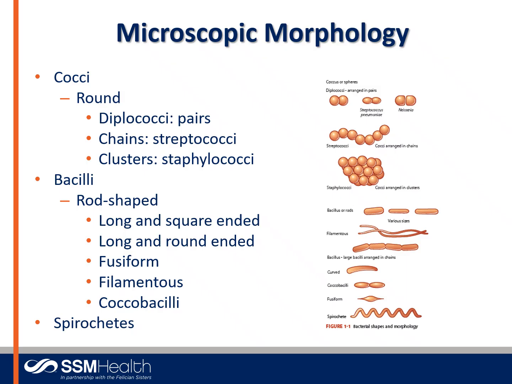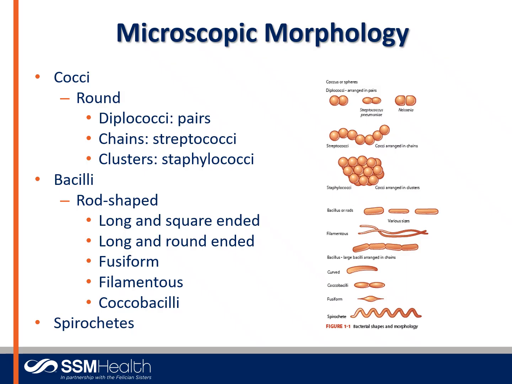Cocci, typically, you're going to see in three distinct formations. One would be in pairs, where you would have two cocci formed next to each other, almost as one unit of two. Sometimes they're going to be two perfectly round cocci. Sometimes they'll be a little bit more elongated, or lancet shaped, we would call them.